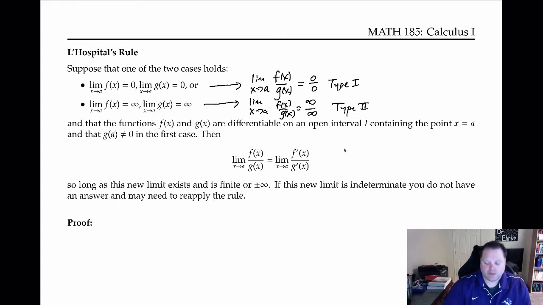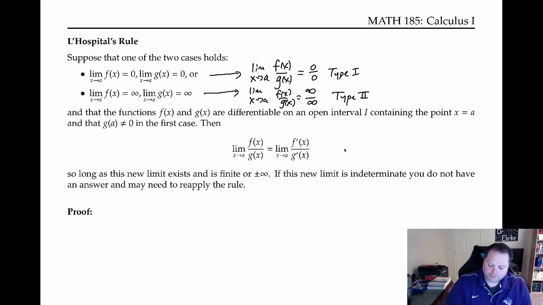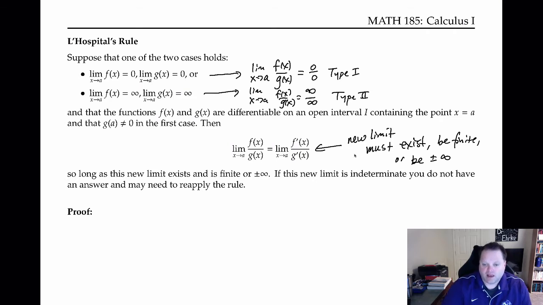Okay, so this new limit must exist, be finite, or be plus or minus infinity, and then this will work out. You can't take the limit of this thing, find that it is undefined, and tell me that the original function is undefined.